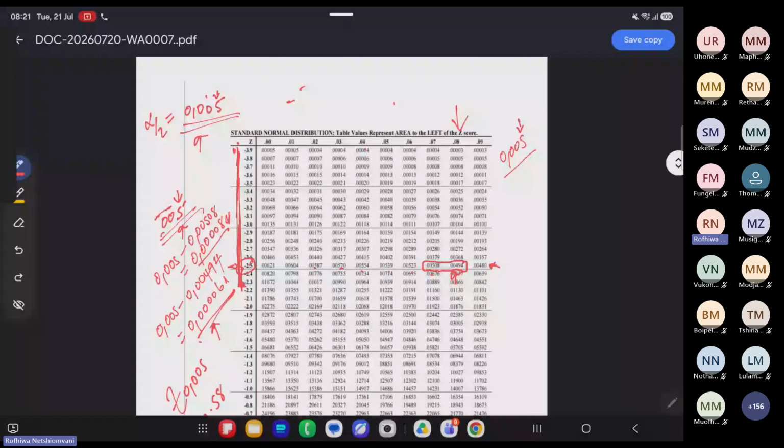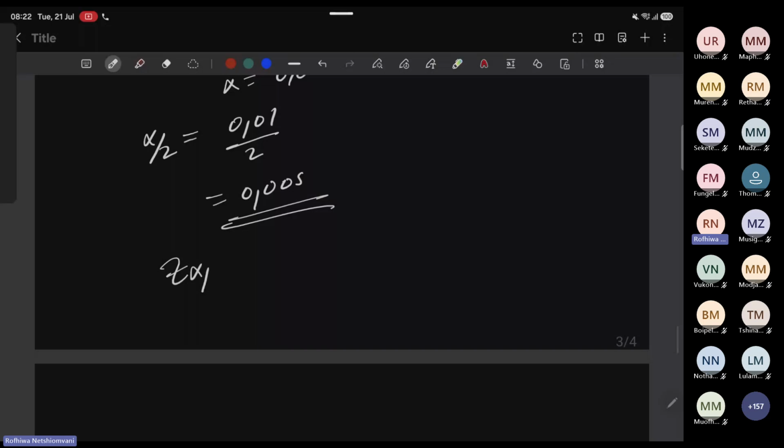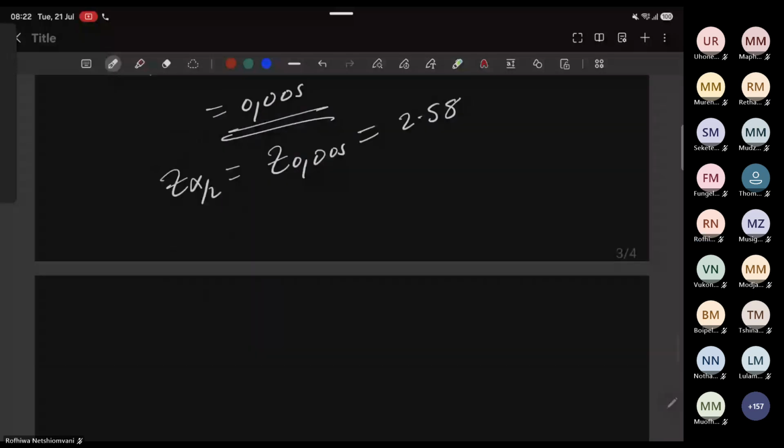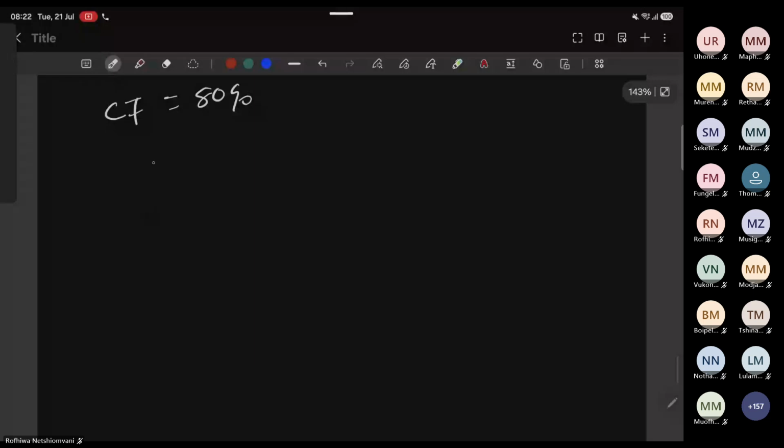We can do another example to make sure that we get it. For this one, z alpha divided by 2 is equal to z at 0.005, which is 2.58. Now let's say the confidence interval is equal to 80%. If it's 80%, what will be alpha?